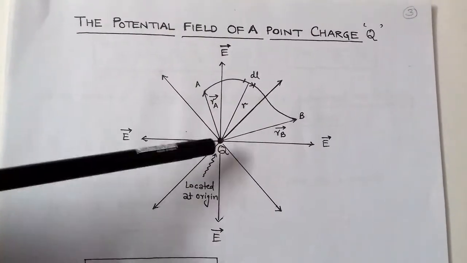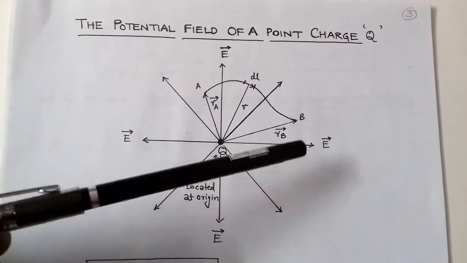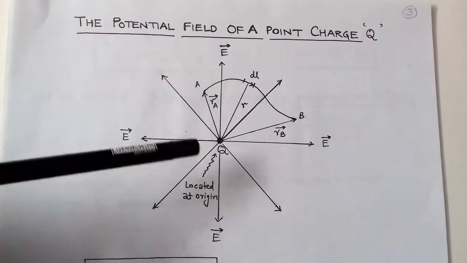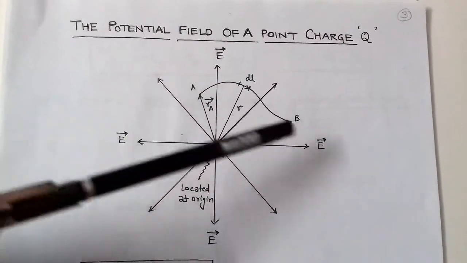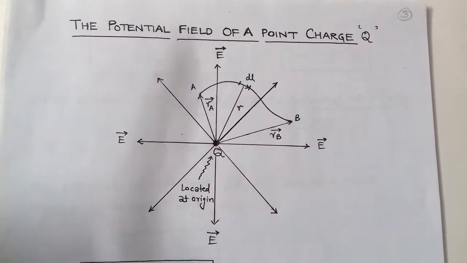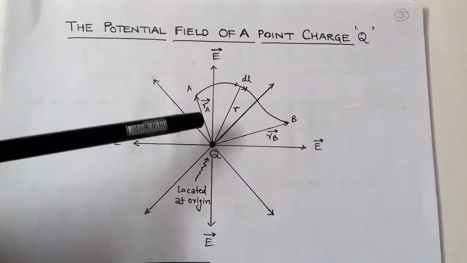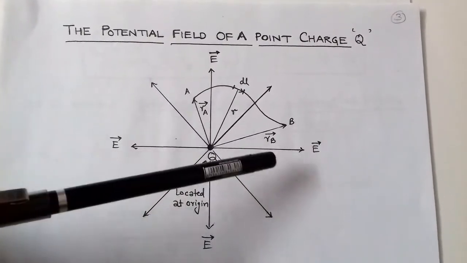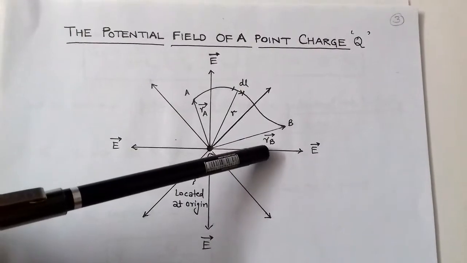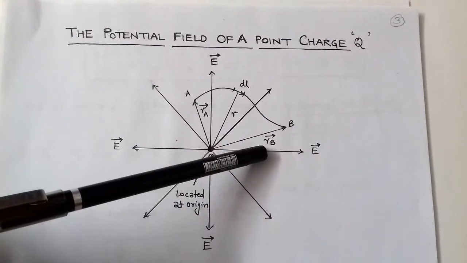So here we consider an electric field due to a point charge. Now in this field we take two points, point A and point B. The point A has a position vector RA, while the point B has a position vector RB.